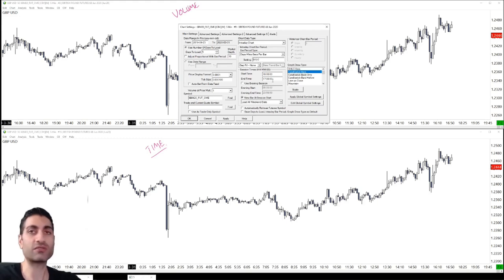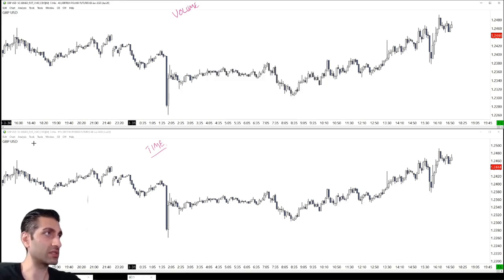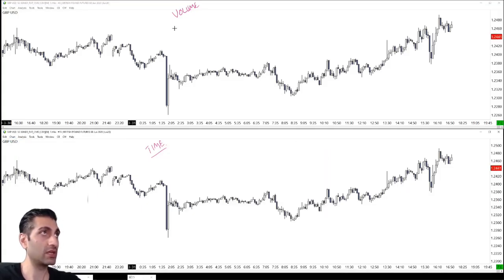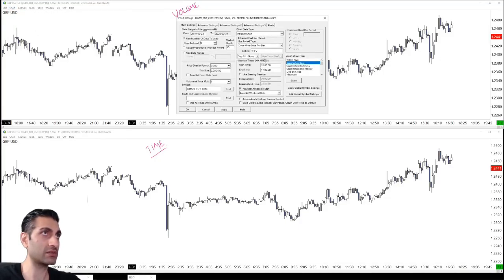So at the moment you can see it's a 5-minute bar. That's why it says 050. And just to show you, this is exactly the same chart settings 050. So it's 5-minute chart. Now we're going to change the top one to a volume chart settings. And like I said, the default is 1,000. I use 500 for the pound dollar.